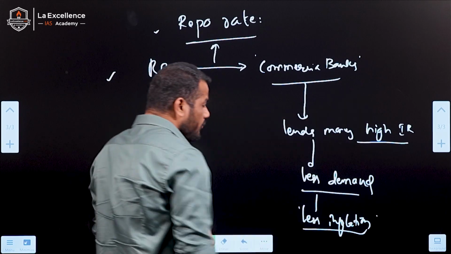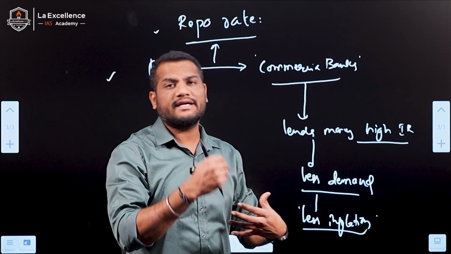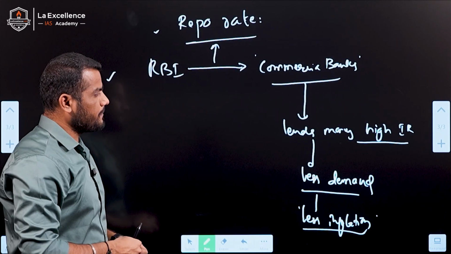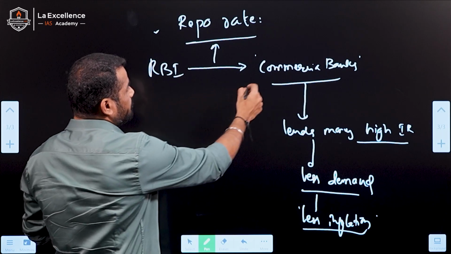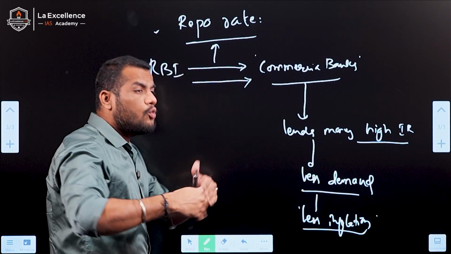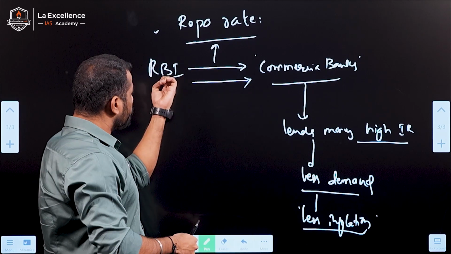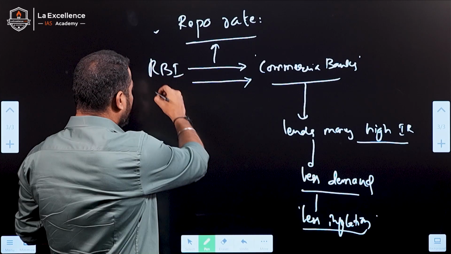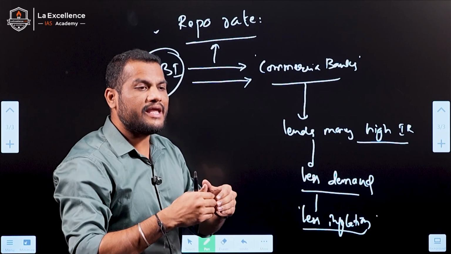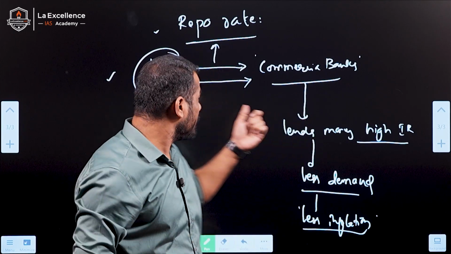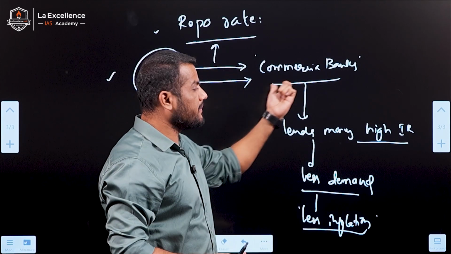But whenever the RBI lowers the interest rate, meaning lowers the repo rate, what happens? The commercial banks borrow more money from the RBI, because they don't want to keep that money with the RBI, which pays less interest on the money deposited by commercial banks.